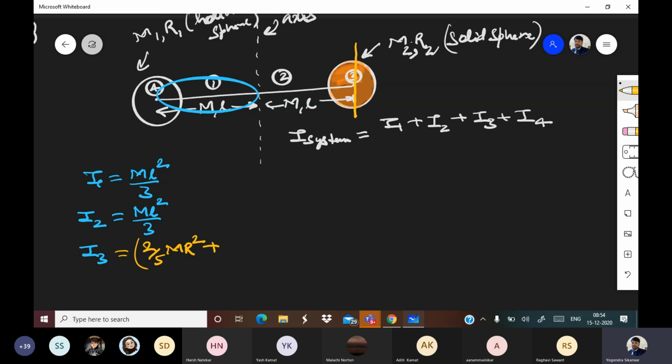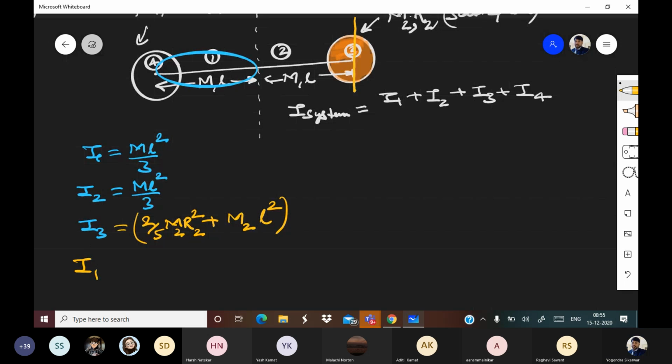Plus, we need to apply parallel axis theorem. So plus, mass of this is m2 into r2 square plus m2 into l square. So this is I3. Now let's talk about I4.